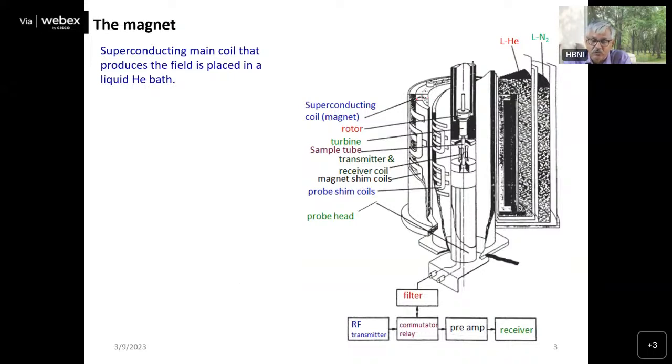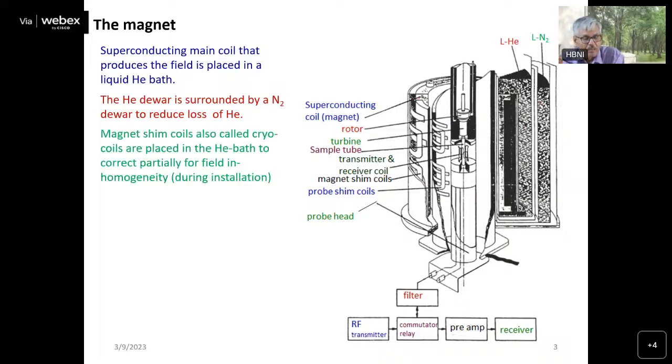This is the superconducting magnetic coil. As I told you, the helium dewar is surrounded by a liquid nitrogen dewar, so that the loss of helium will be minimum.